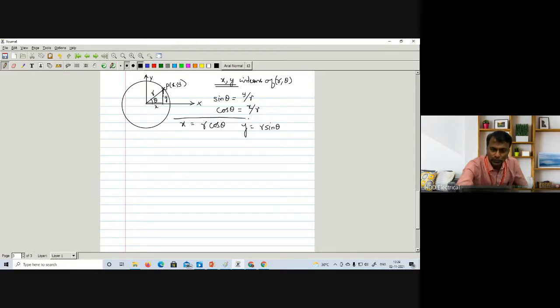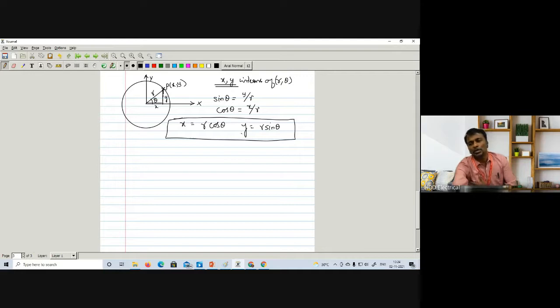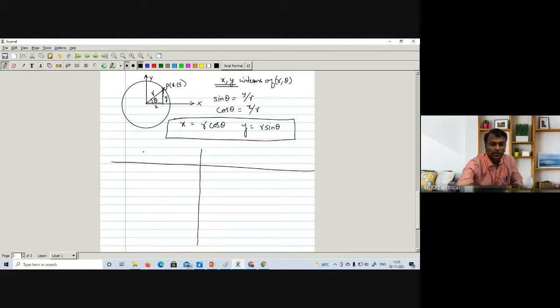So these two formulas will help us to convert polar to Cartesian coordinate system. Now I am going to summarize with these two in a tabulation. This is Cartesian to polar coordinate, and here polar to Cartesian coordinate.